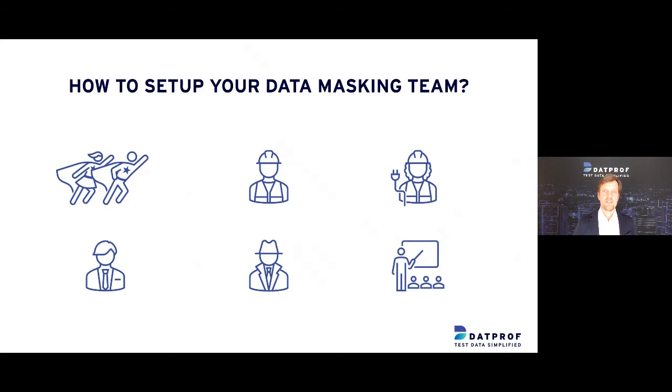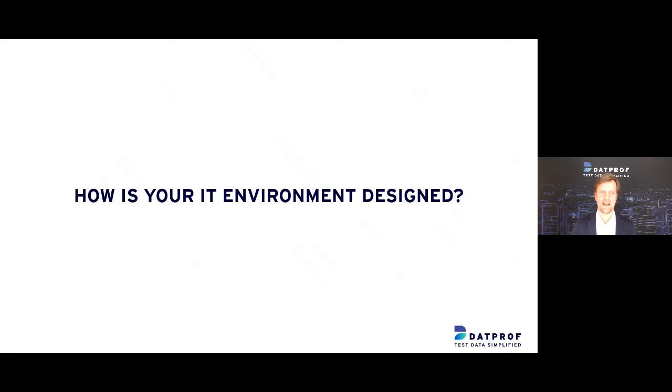In the end, if this is done and you have your team available, it's time to think about how your IT environment is designed. After we have an understanding of how your IT environment is designed, we also want to know what kind of data masking rules should be applied. We want to create the functional design, and that's probably the next step, which I will also show you during this webinar.